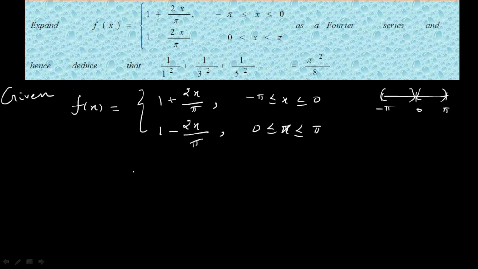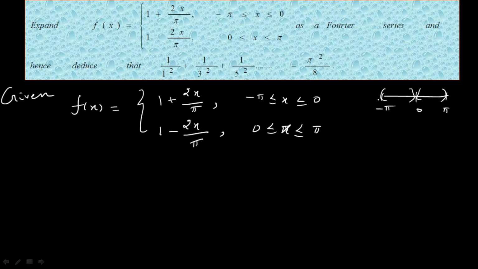That is, from minus pi to 0 it takes one value, and from 0 to pi, f of x takes another value. From minus pi to 0, it takes the value 1 plus 2x divided by pi, whereas from 0 to pi, the interval 0 less than or equal to x less than or equal to pi, it takes the value 1 minus 2x divided by pi.